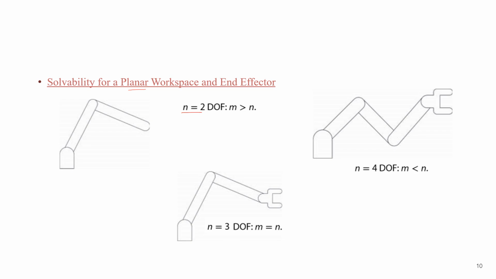So it has only 2 degrees of freedom to position the end effector. In the second case, m is equal to n, that is the degrees of freedom is equal to 3. Whereas the third case is a redundant manipulator with more joints, that is, the degrees of freedom is 4 in this case.